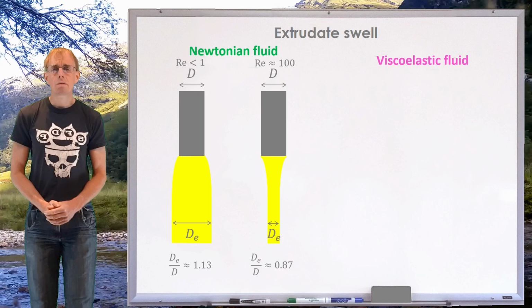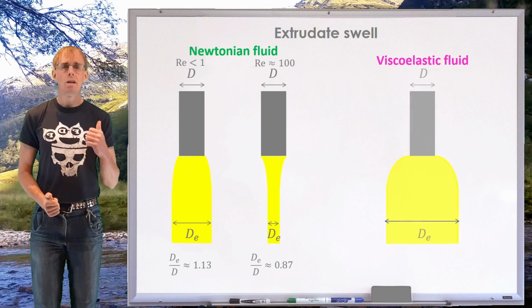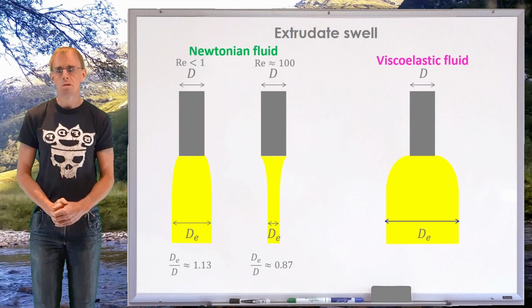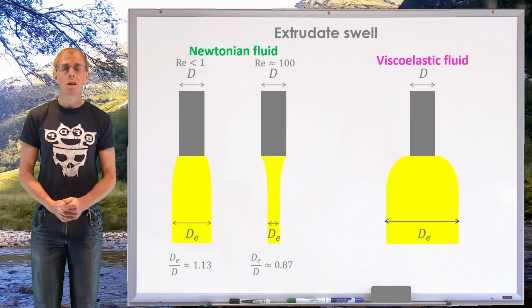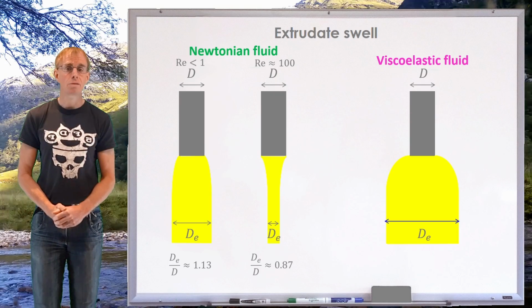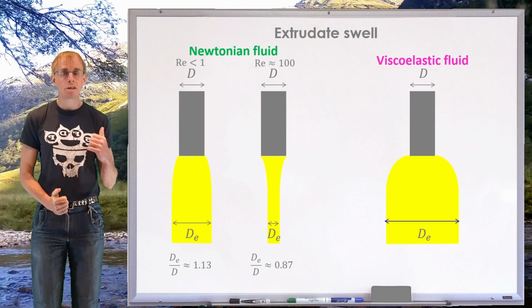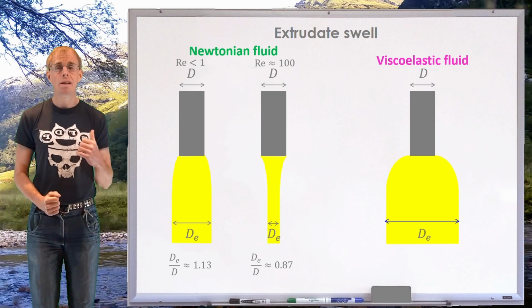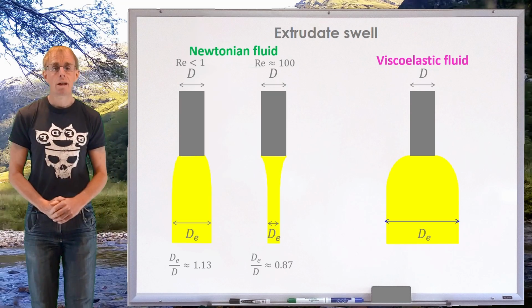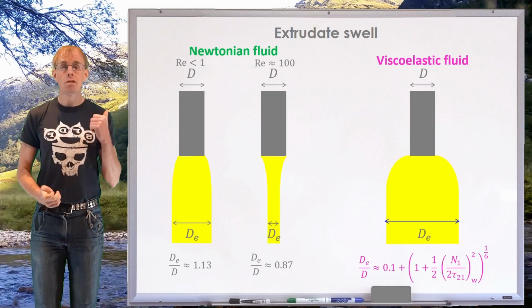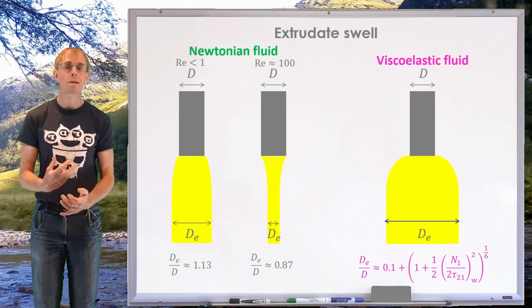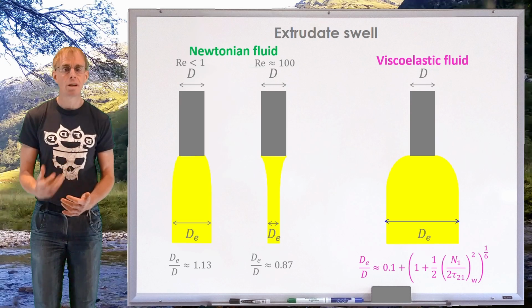So viscoelastic liquids exhibit orders of magnitude die swell sometimes. So 13% is the highest you get in a Newtonian fluid, a few 100% you might find in a viscoelastic fluid. I've illustrated the effect here with a cylindrical die. If you're extruding cylinders, pipes or rods, then there's some established theory that allows you to estimate the level of extrudate swell you're going to obtain.